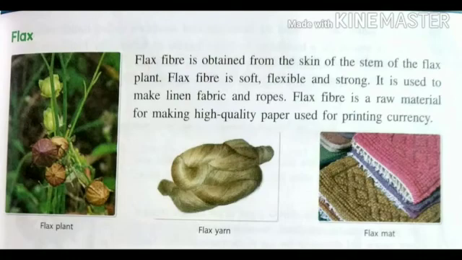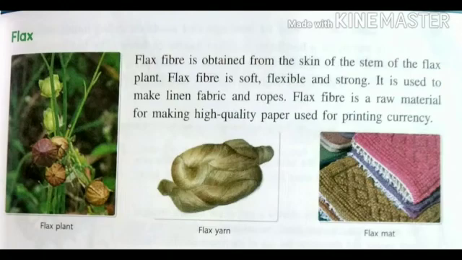Flax fiber, which we get from the flax plant, is used as a raw material for making paper. A special quality of this flax fiber is that it is used to make a special high quality paper, which is further used for printing currency. As you all know, currency is a very important thing, and the fiber we use here is flax fiber. So it is a very important plant fiber.